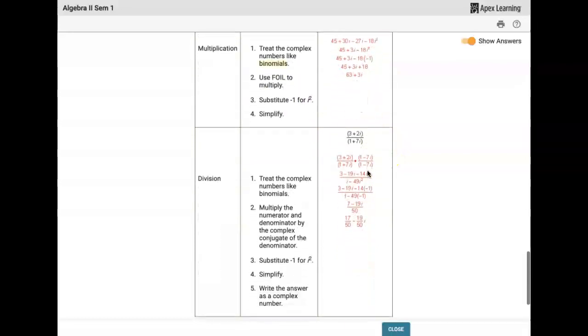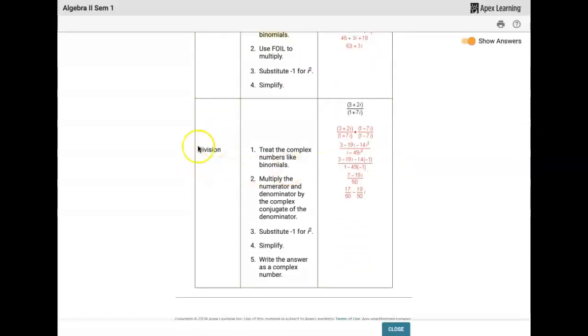And then finally for division, you're still treating it like a binomial, but we're going to multiply the top and the bottom by the complex conjugate of the bottom. So 1 plus 7i, its complex conjugate is 1 minus 7i. What that allows us to do, if we focus on the bottom, is cancel out those middle terms, change i squared to -1, and then get a single number on the bottom.